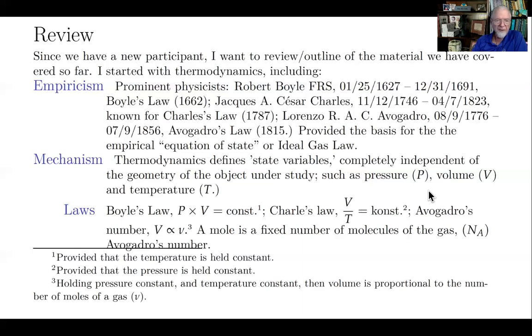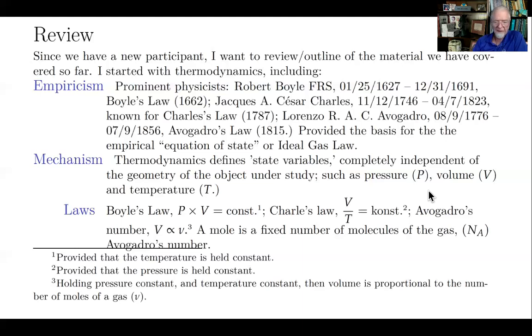So the initial empirical laws: Boyle's law was the pressure times the volume is a constant, provided that the temperature is held constant. Charles' law said that volume divided by temperature is a constant, provided the pressure is held constant. Avogadro's law is the volume is proportional to the number of moles.